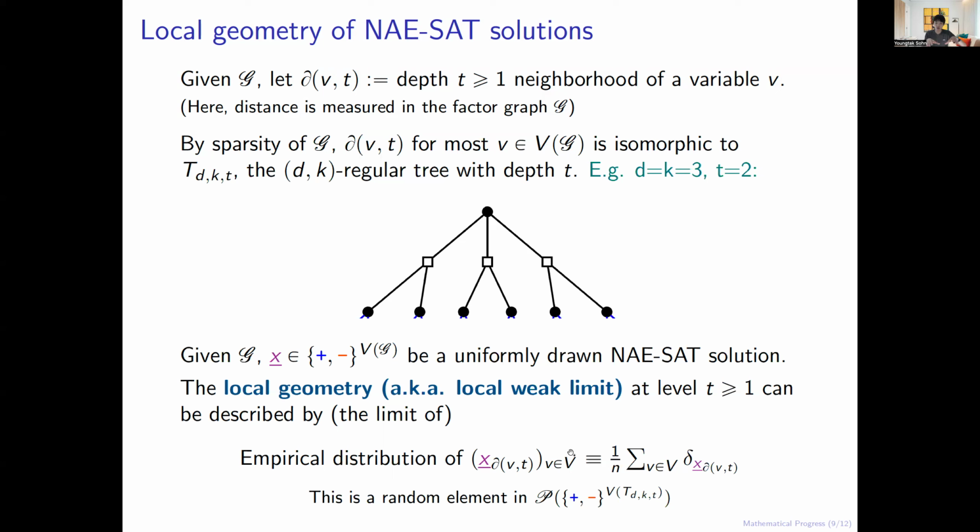So this is the empirical measure on the plus-minus configurations on this tree. This is a random element in the space of probability measures on plus-minus configurations on this tree. One can ask, what does this random element converge to as n goes to infinity? And if so, can we characterize this limit?